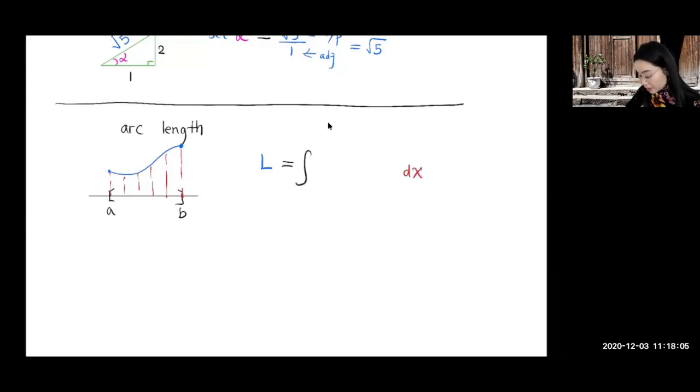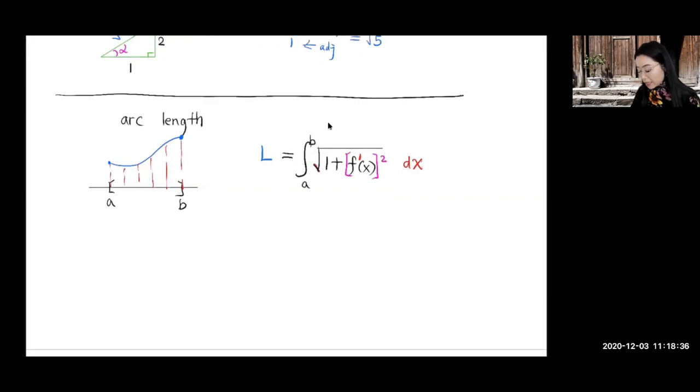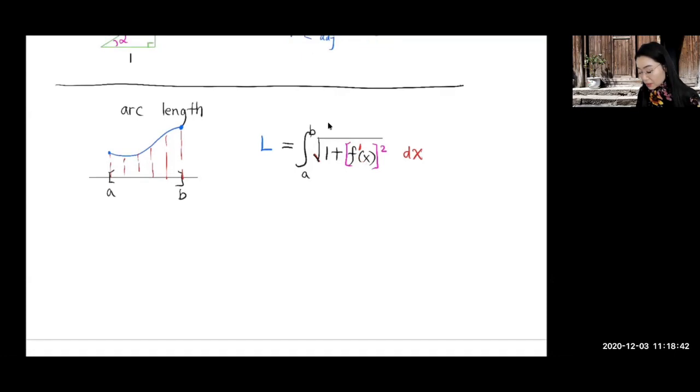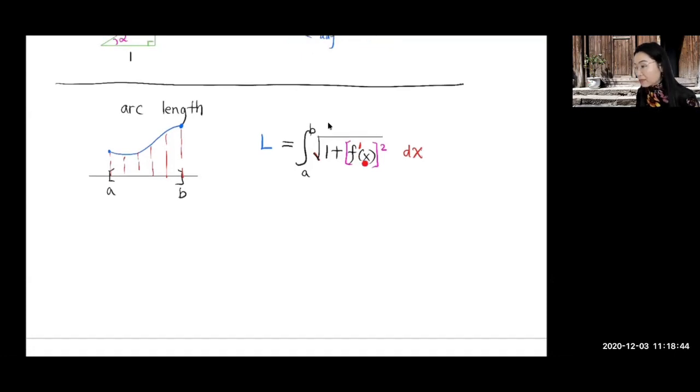In here we have the square root of 1 plus the derivative of the function, f prime of x, squared, with x going from a to b. Another way to put this is dy/dx right here. Now, notice that x over here is just a variable.